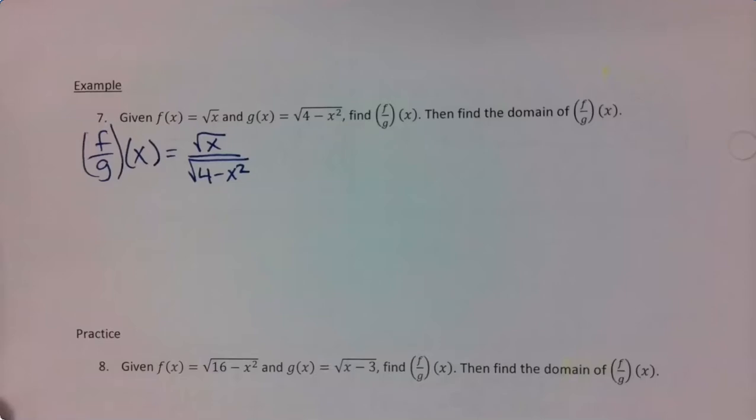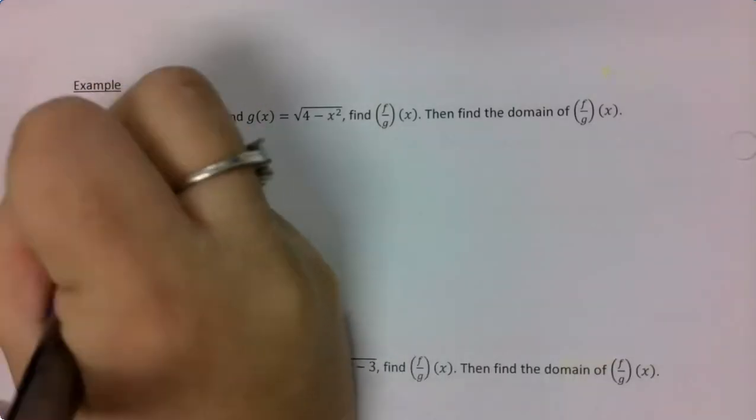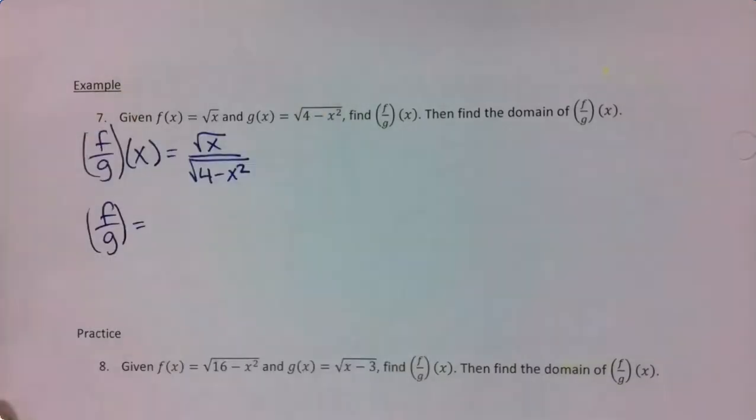Since I have a radical over a radical, I can rewrite this as one giant radical. Oops, I forgot the x part.